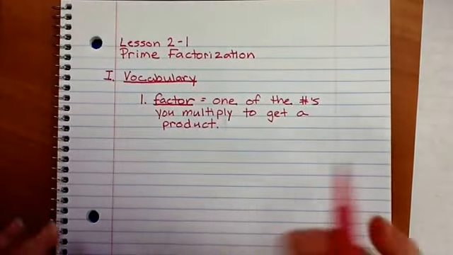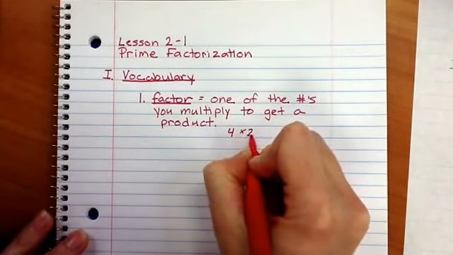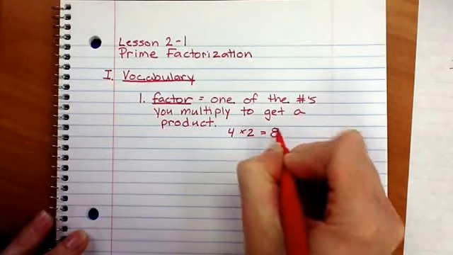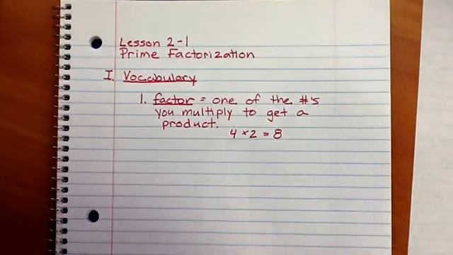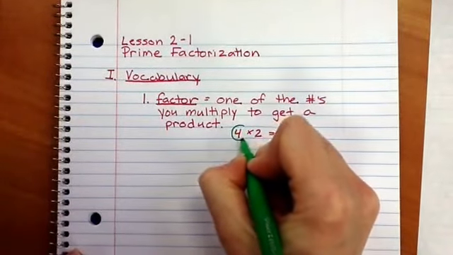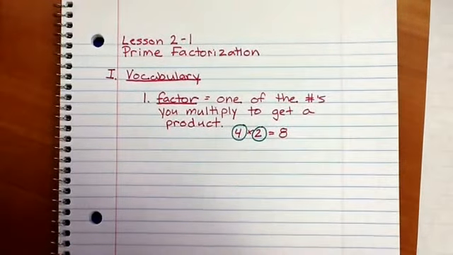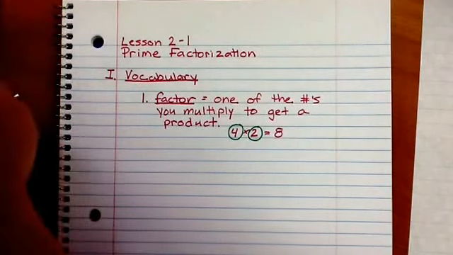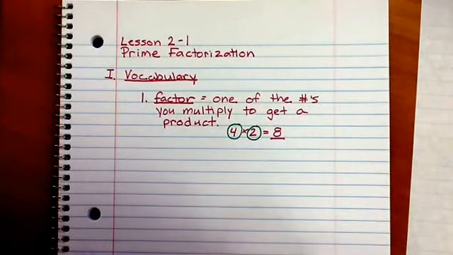So an example of this would be if I gave you the equation 4 times 2 equals 8. We have 2 factors here. 4 is one of our factors, and 2 is our other factor. And we multiplied both of those to get our product, which was 8.